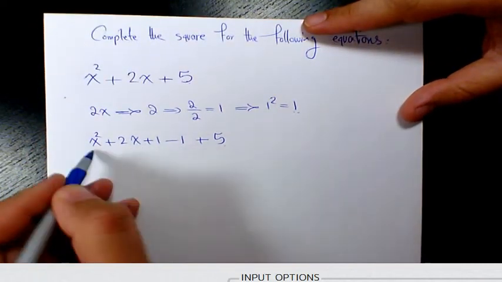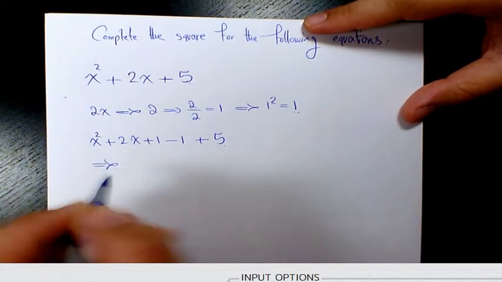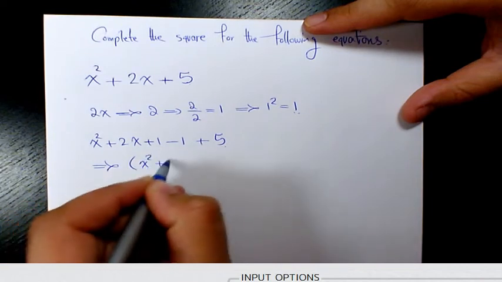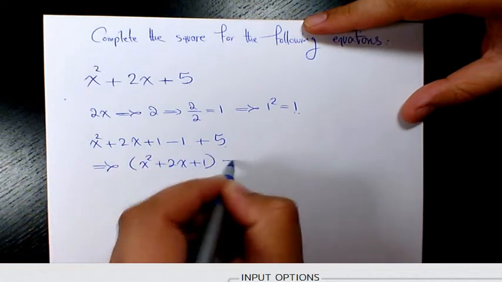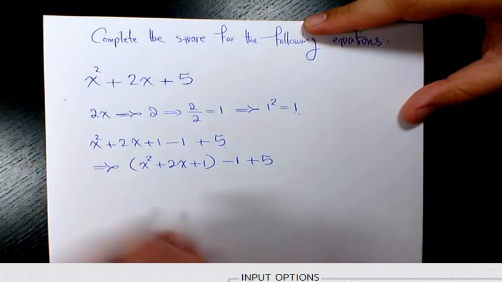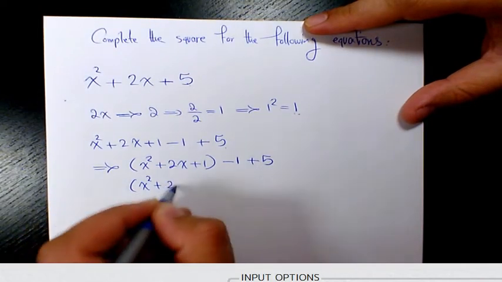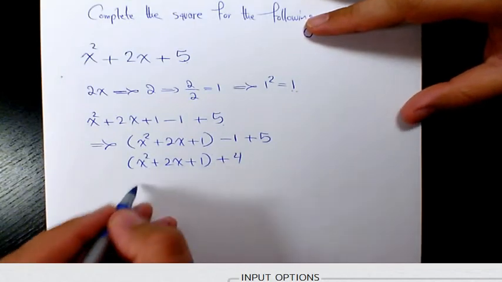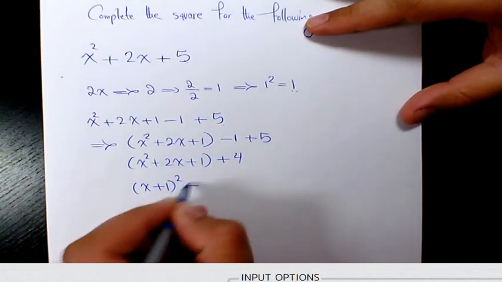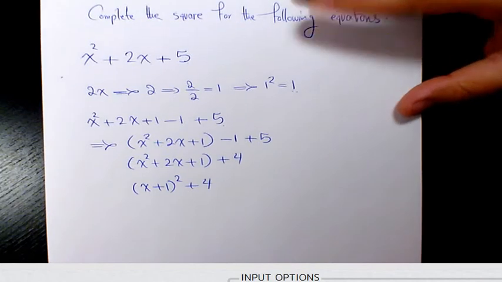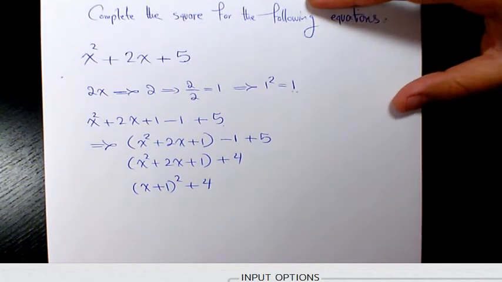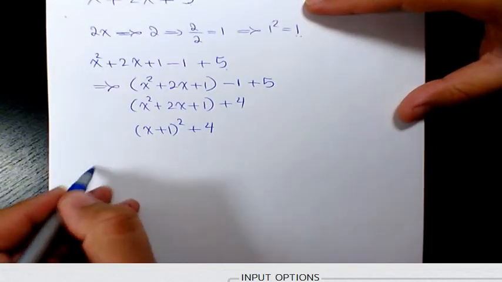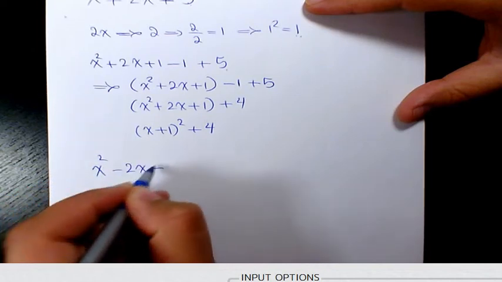So I can keep the first 3 terms and the other 2 terms outside, which is going to be x squared plus 2x plus 1, plus 4. When you factor this one, it's going to be x plus 1 to the power of 2 plus 4. That is called completing the square. Next example, x squared minus 2x plus 5.